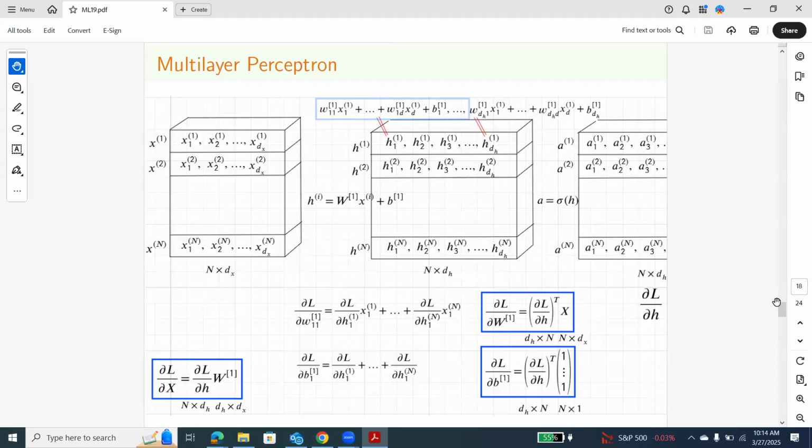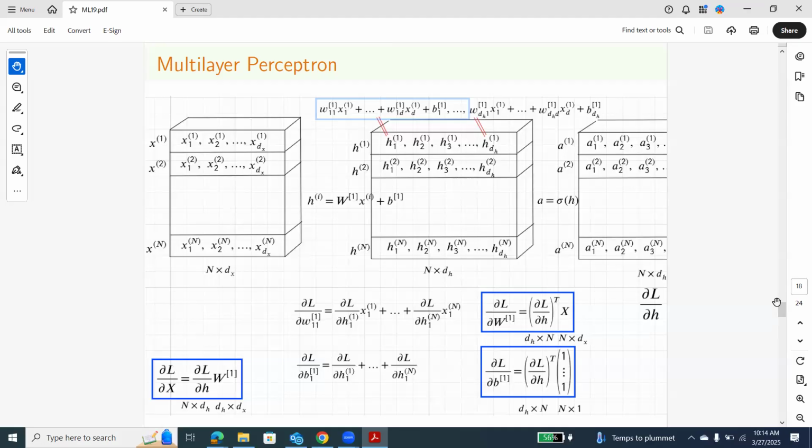Now the derivative with respect to W, for example with respect to W11. Every first component will contain W11.